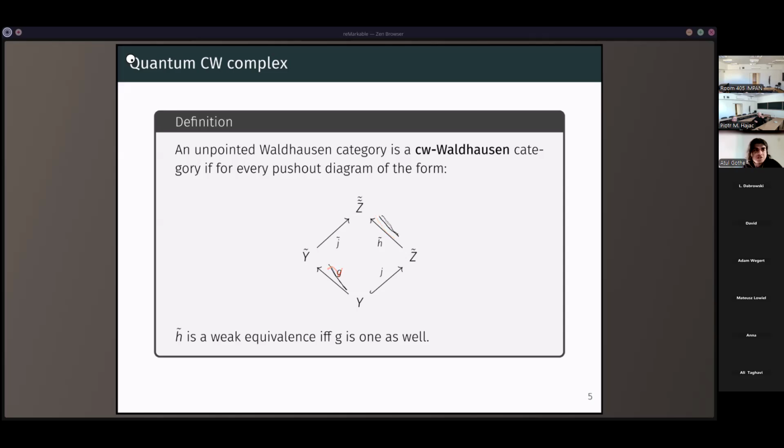If this further condition is satisfied for an unpointed Waldhausen category, we call it a CW Waldhausen category.